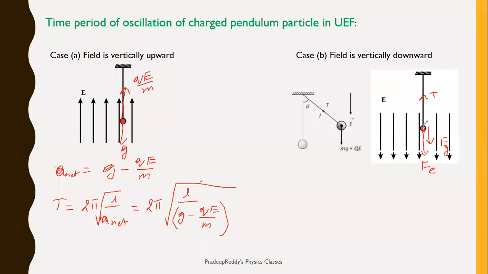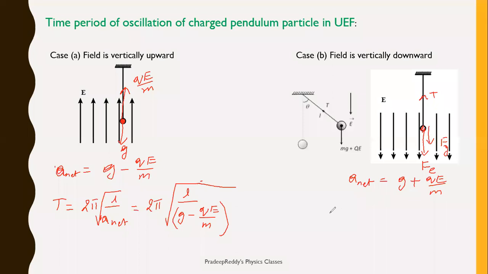So in downward direction, net acceleration can be written as g plus qE divided by m. So net acceleration is replaced with g plus qE by m. Why is it plus? It is because both gravitational force and electrostatic force are in the same direction.